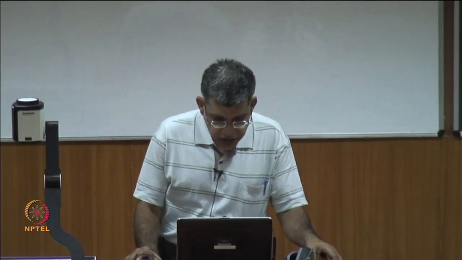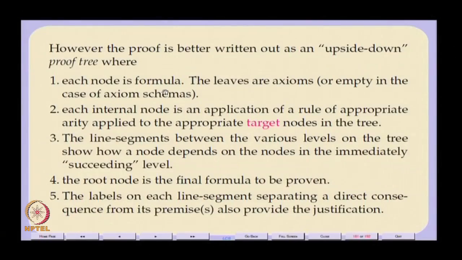Okay. So, essentially each node is a formula in this proof tree, and the leaves are either axioms, or in case there was a non-empty set of assumptions, they could be drawn from the assumptions, or they could be for example instances of axiom schemas, right.